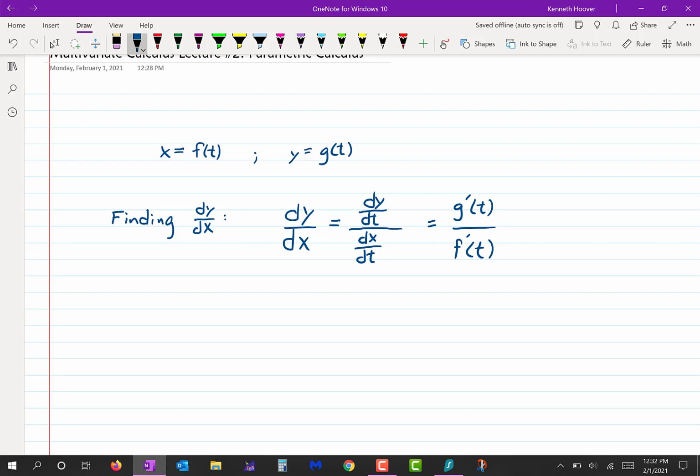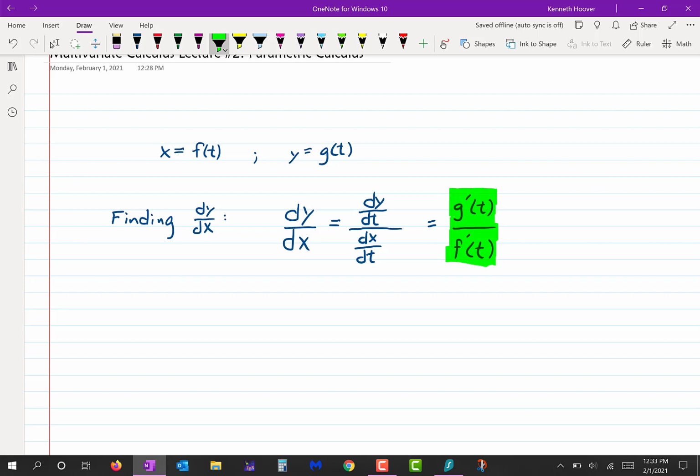Now I personally like this way of writing it better, because I think it makes it easier to remember. You can memorize the other one, but if you were to forget it, I'm not sure how you would bring it back to your mind.